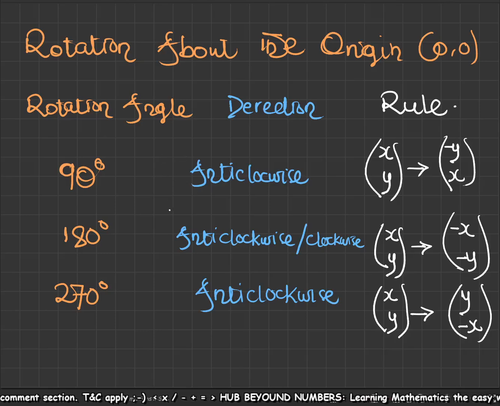Okay, so the table you see here is just a summary of the rules we need when we want to rotate about the origin by 90 degrees, 180, and then 270 degrees. Most times, we usually work in anti-clockwise, so I've written all of these as anti-clockwise angles.